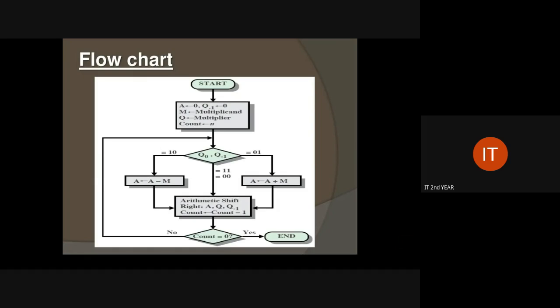Booth multiplication is one of those procedures. There are a lot more procedures available, particularly when we are dealing with arithmetic operations in computer architecture. In the upcoming sessions we will be reviewing and solving those kinds of arithmetic procedures for multiplication, followed by division also.